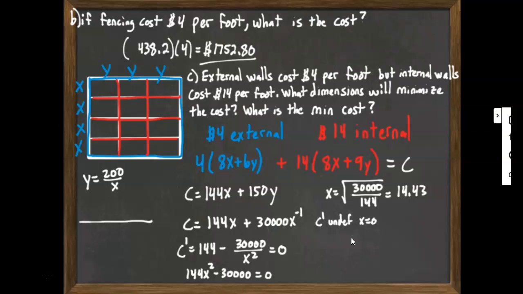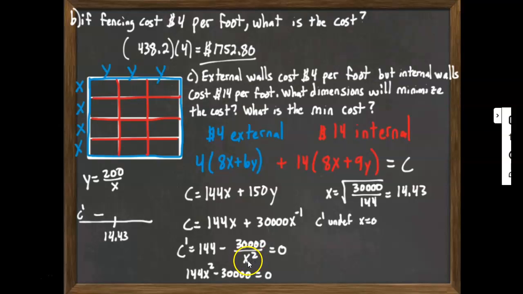Now, we still need to verify, is that a minimum point? That 14.43. So we have to compare that with the derivative, and you should verify that. Pick a value smaller than 14, like 1. Obviously, this thing is negative. Then pick a value bigger than 14.